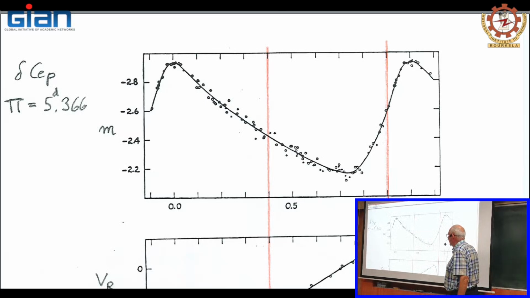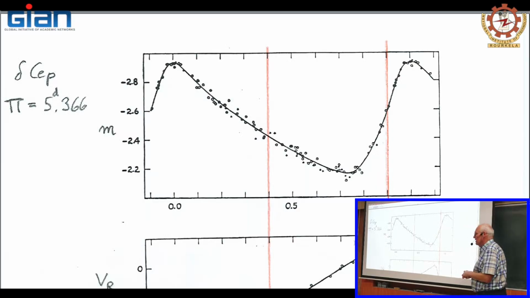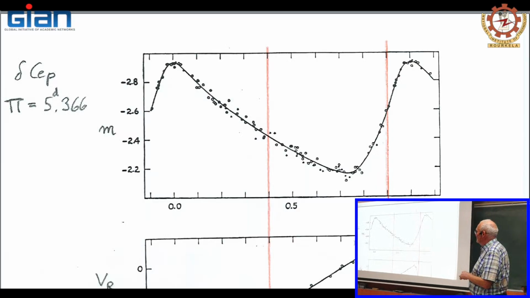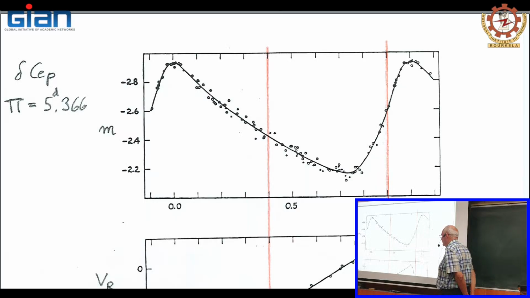We see here the light curve. It is not a nice trigonometric function. It looks like a sawtooth profile. This is the light curve of delta Cephei in one of the wavelength ranges.